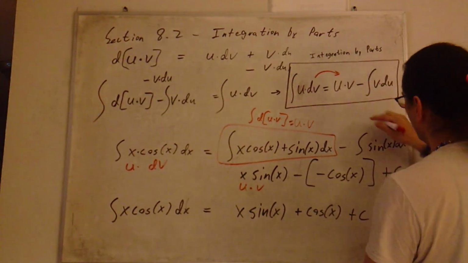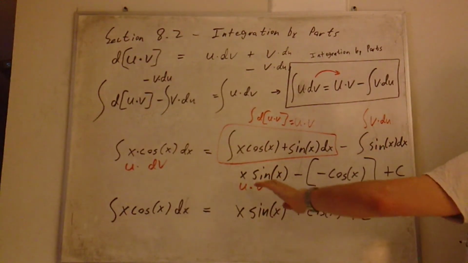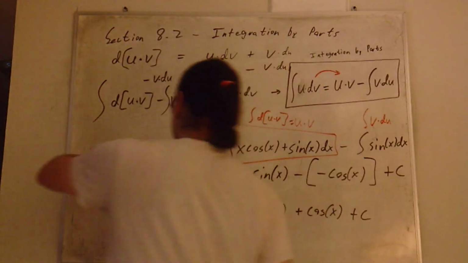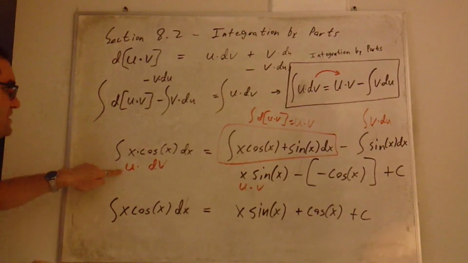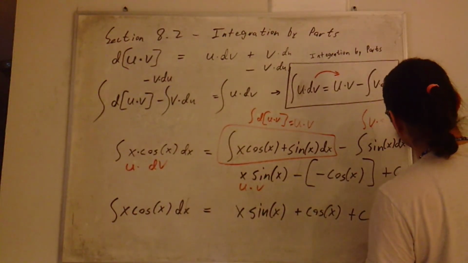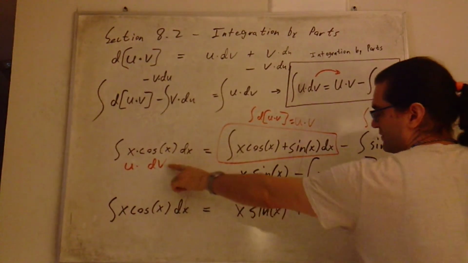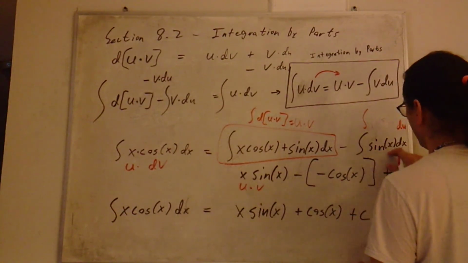So again, if u is x, then du is dx. So that's this. This dx is just my du. And if dv is cosine x, that means that v is sine x.